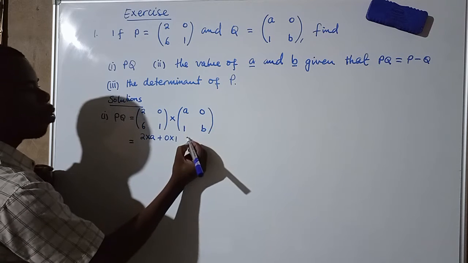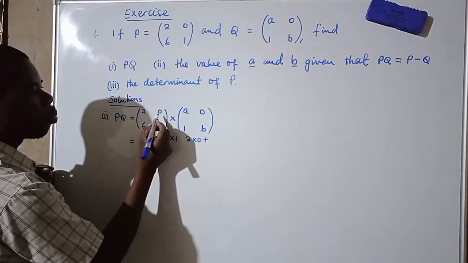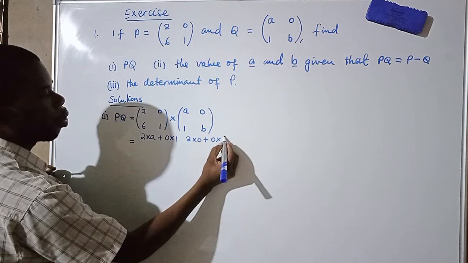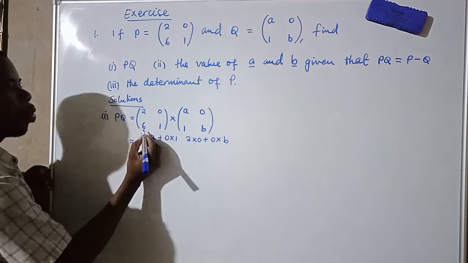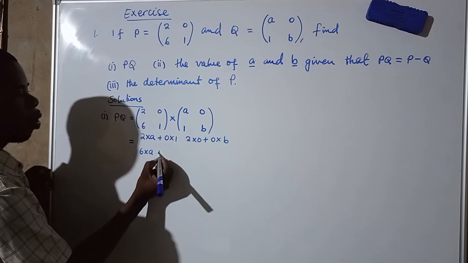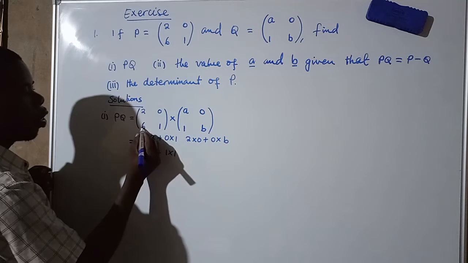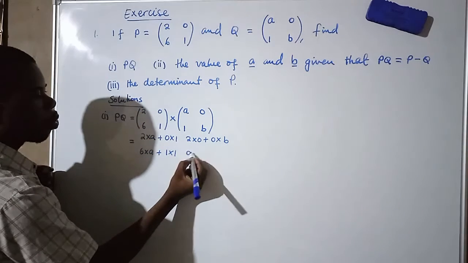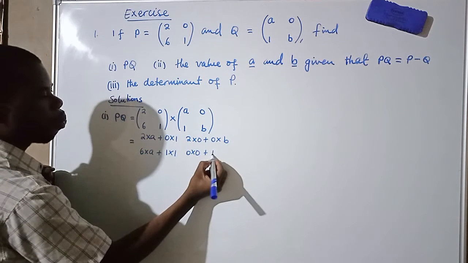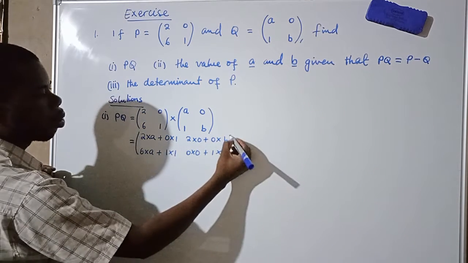Then 2 times 0, plus 0 times B. Then 6 times A, plus 1 times 1. Then 6 times 0, plus 1 times B. Then we can close.